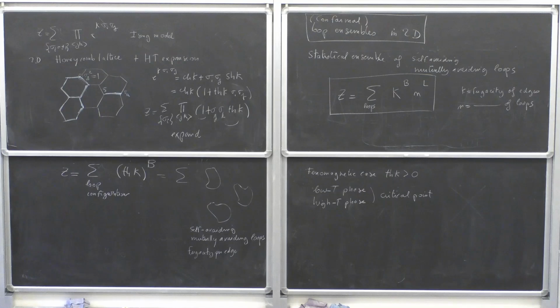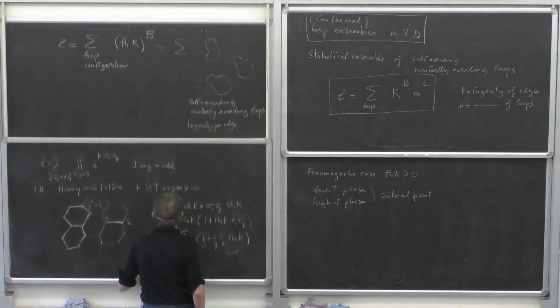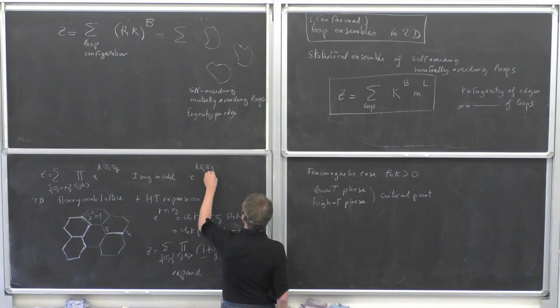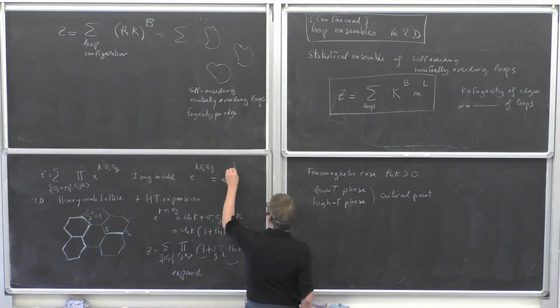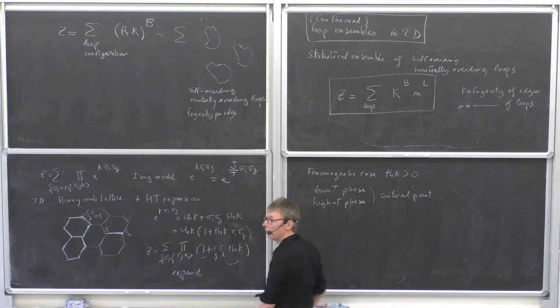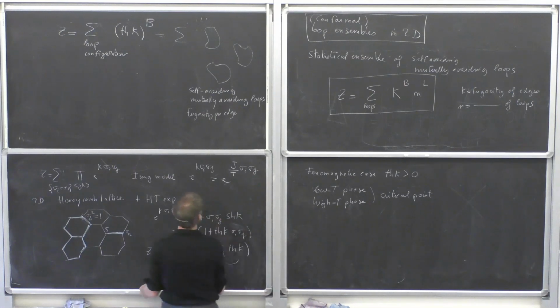Let's start with the high temperature phase. The high temperature phase is, so K, of course, e to the K sigma_i sigma_j must be thought of as e to the J over T sigma_i sigma_j, where J is some coupling and T is a temperature.